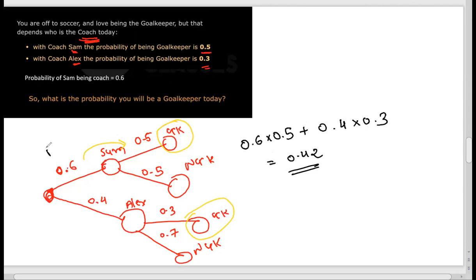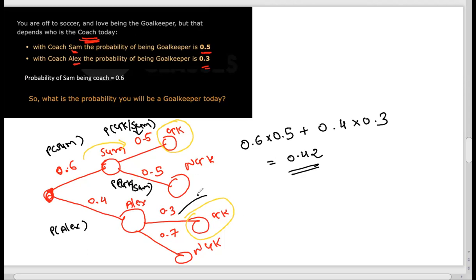So this is the probability of Sam. This is the probability of Alex. This branch represents the probability of being a goalkeeper given Sam as the coach, and the probability of not being a goalkeeper given the same coach.